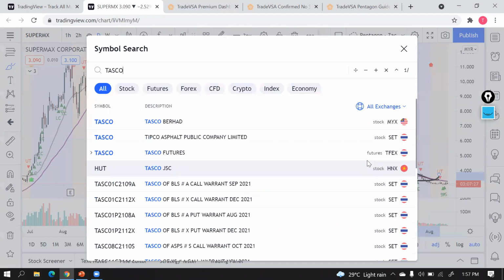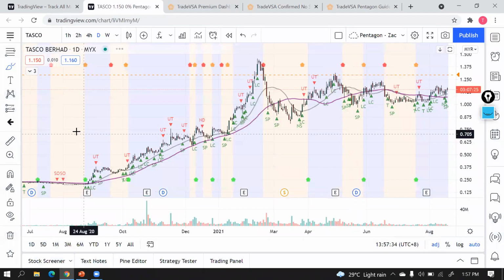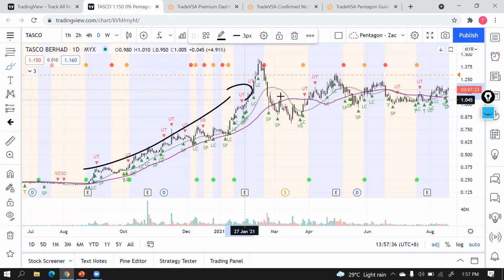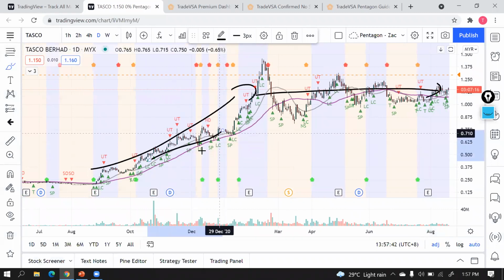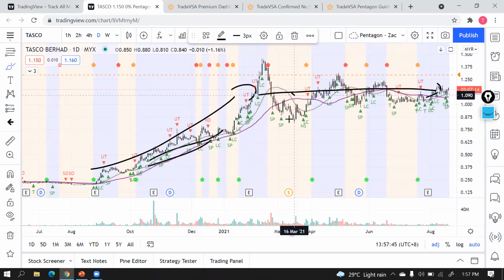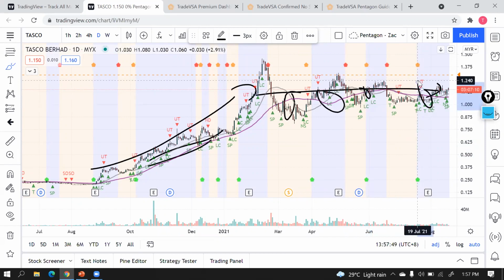If I'm looking into Tasco, this one is uptrend with sideways. Remember the 20 and 40 moving averages: uptrend. When the 20 and 40 keep crossing each other, it means this is a sideways accumulation. Maybe they are doing another round of accumulation before they continue again.